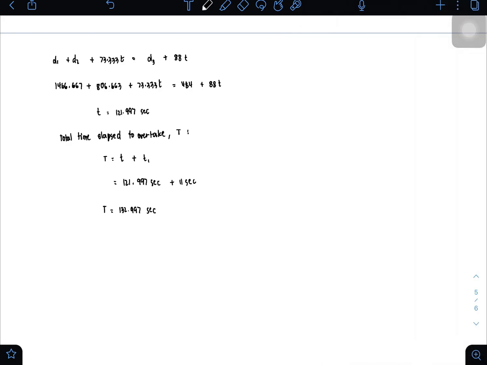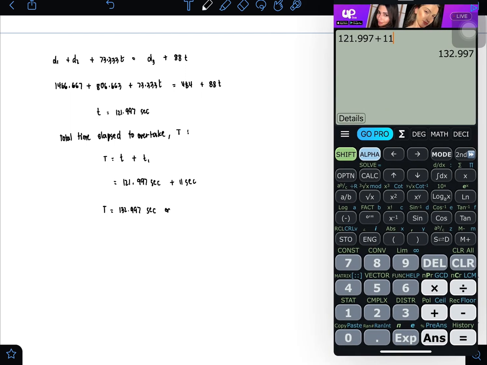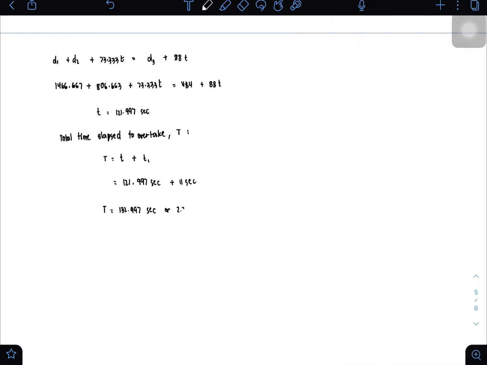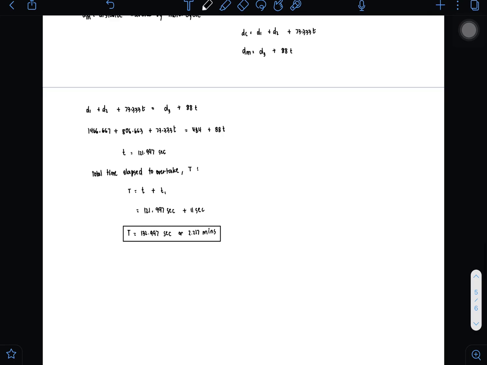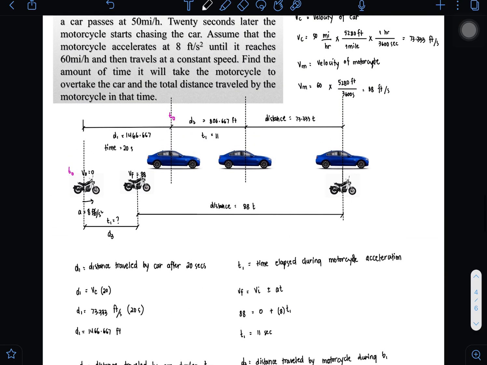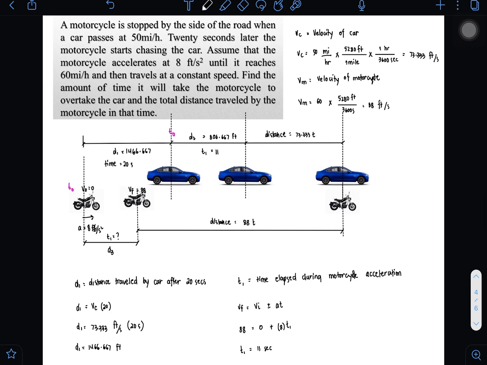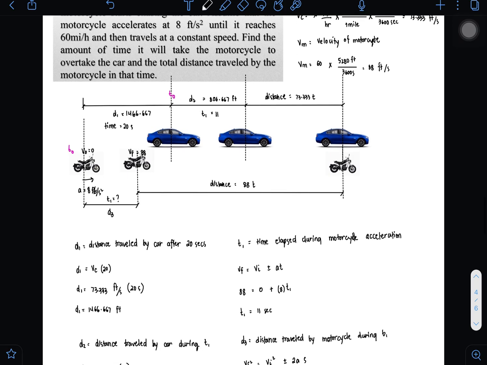132.997 seconds, or how many minutes? We're gonna divide it by 60 seconds. So that's 2.217 minutes. There. So that's one of the final answers. The second answer is the total distance traveled by the motorcycle in that time.